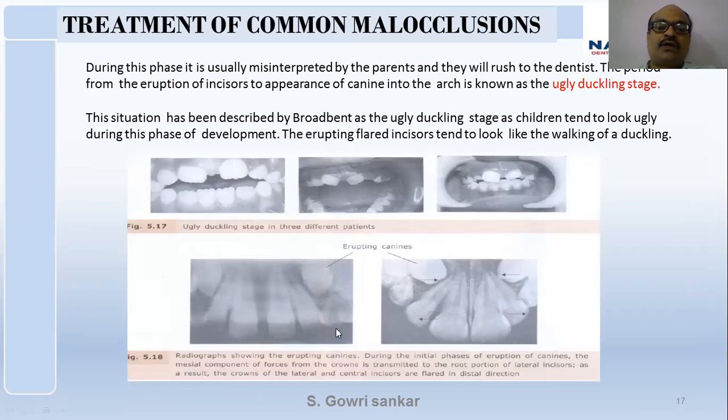So as a result, the crowns get diverged. When the crowns diverge, there appears a space at the midline. So when the tooth starts erupting, the force is transmitted from the root area to the crown area. So the midline diastema closes when the permanent canine starts erupting down.